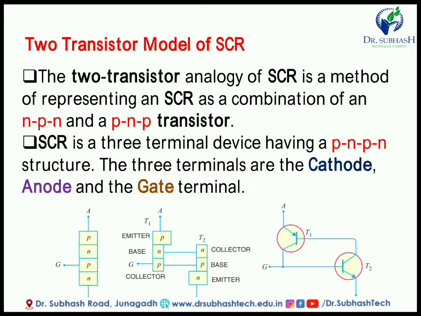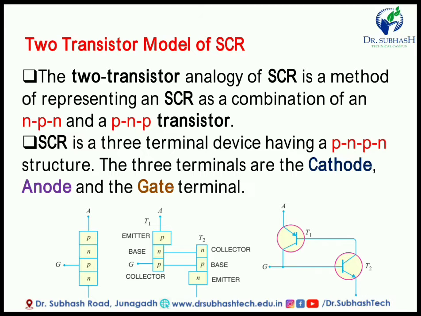The two transistor analogy of SCR is a method of representing an SCR as a combination of an NPN and a PNP transistor. It means using two transistors, we construct one SCR. In this model, we discuss the two transistors and their current and voltage characteristics.